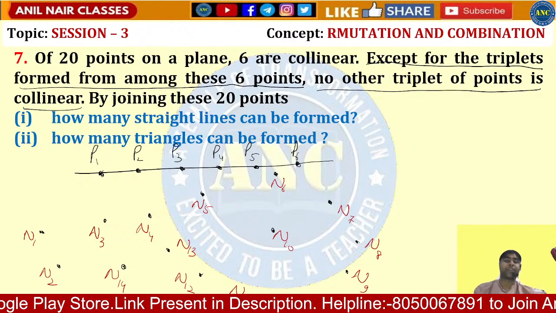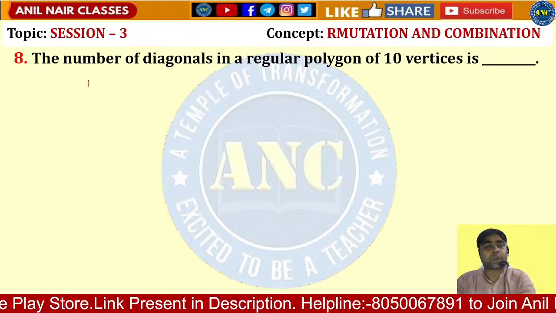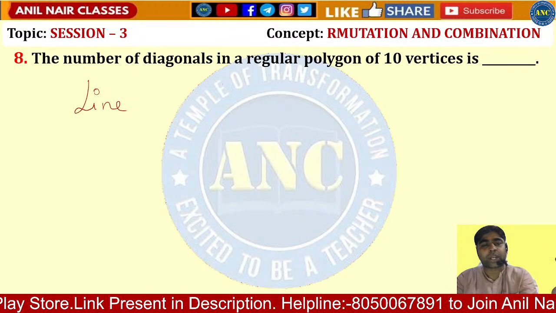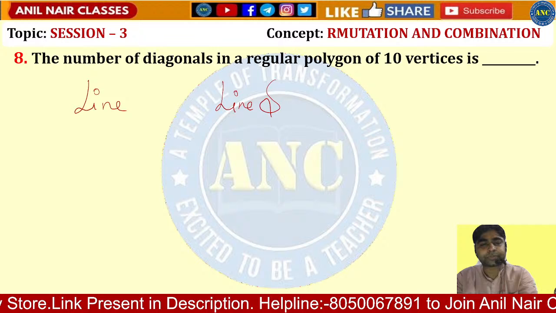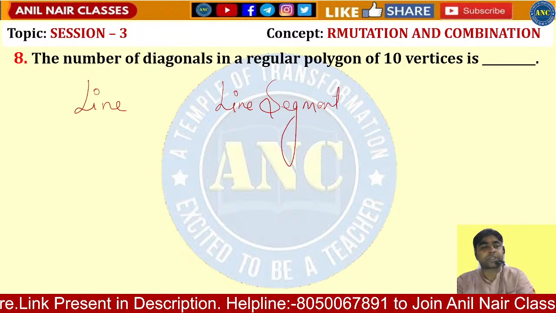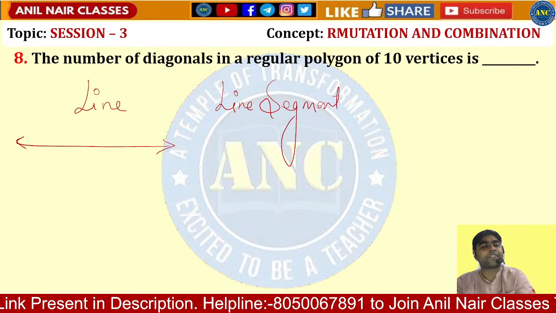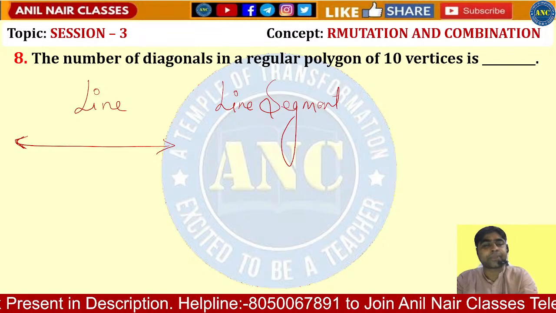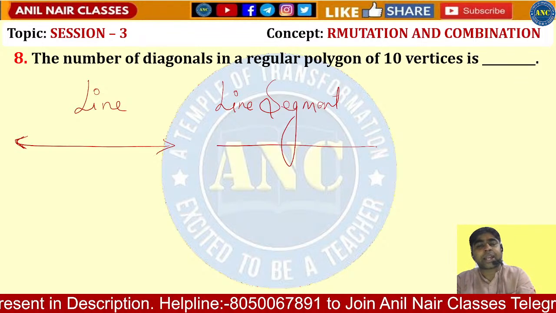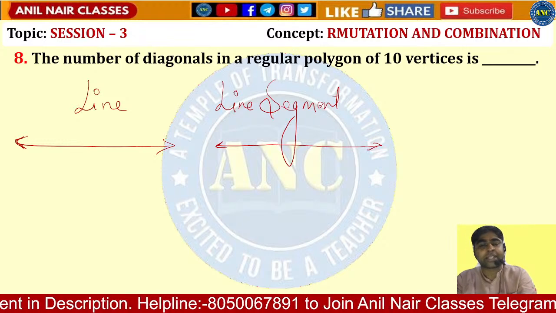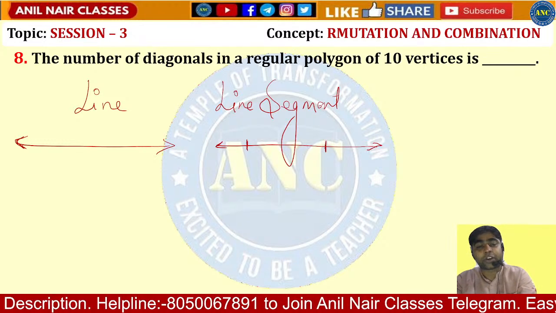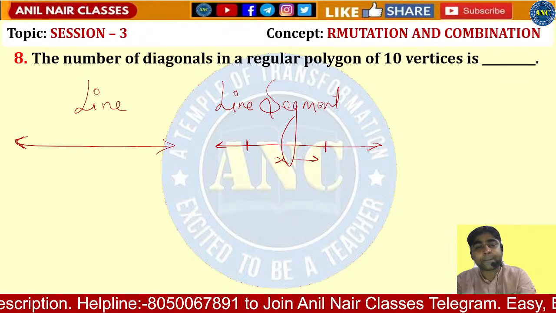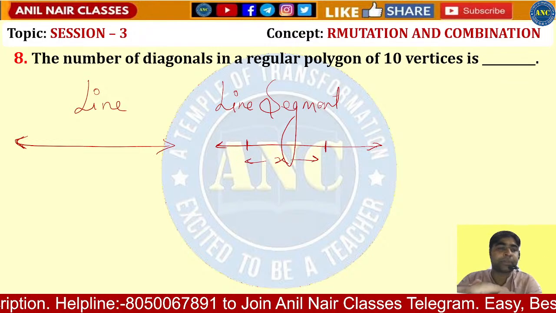Okay. Before that, you should know the difference between what is a line and what is a line segment. Something which comes from infinity and goes to infinity is called a line. And a part of a line which has some definite or fixed length is called a line segment.